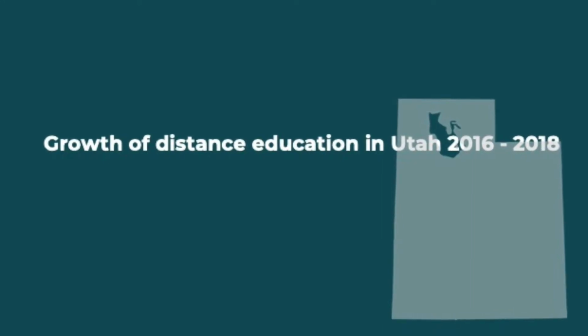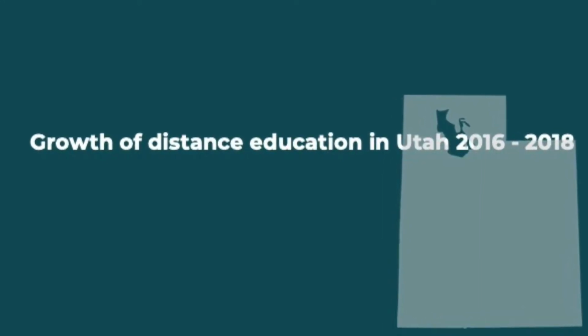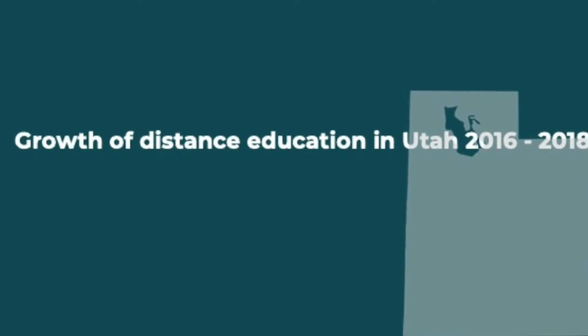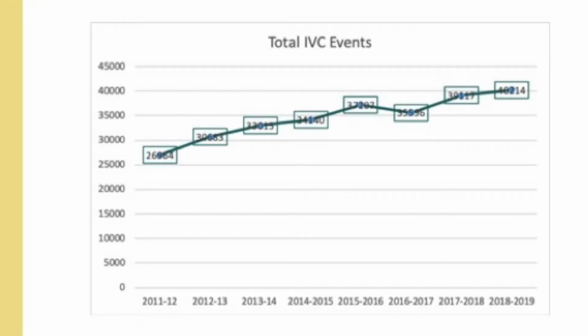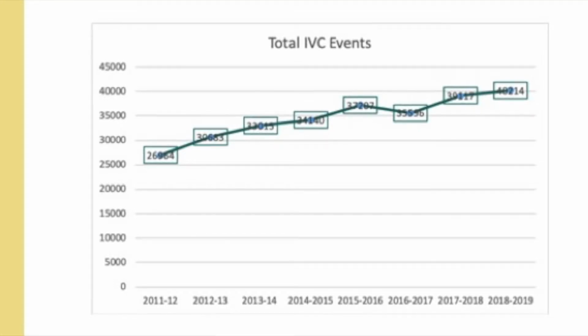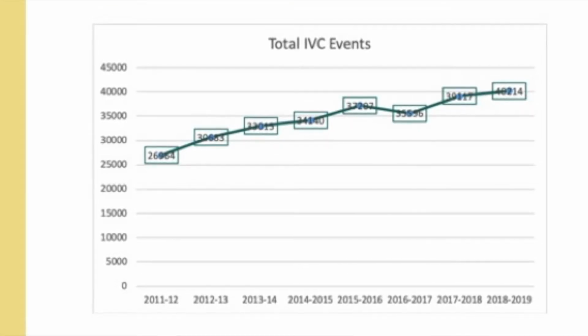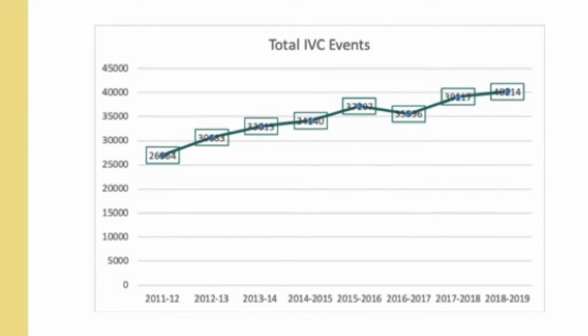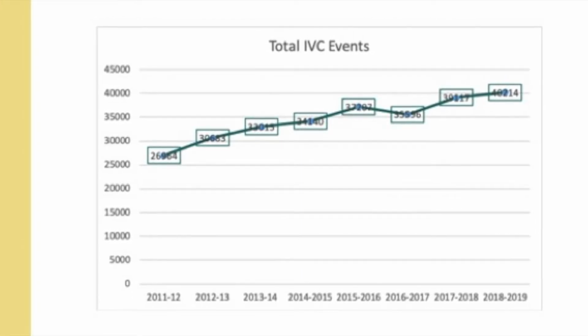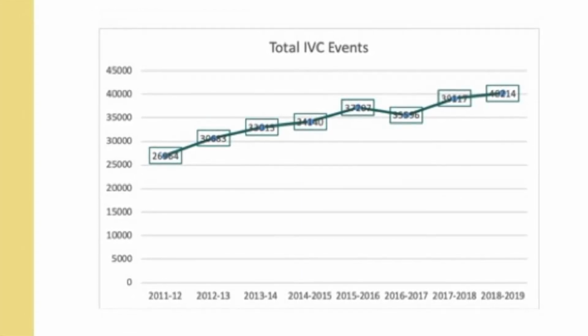Now let's take a look at the growth of distance education in the state of Utah. To give you an idea of how technology is impacting the state of Utah higher education offerings, I have provided this graph from data collected by UEN. This is the growth that UEN has experienced.